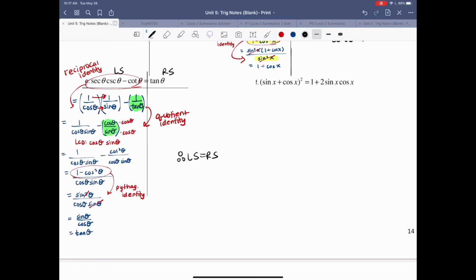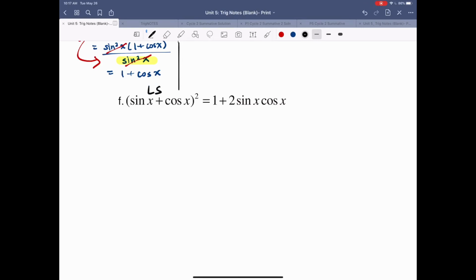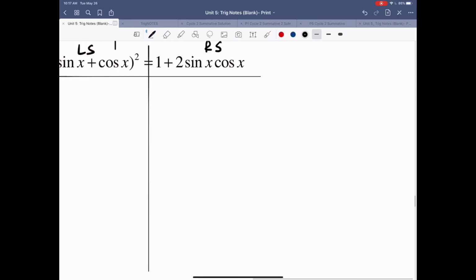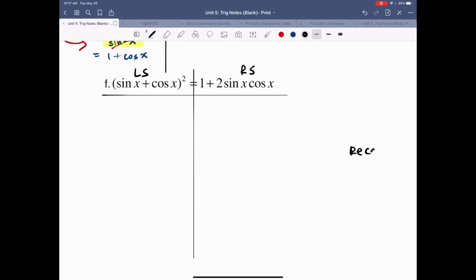All right, question F. So this is the left side, this is the right side. It's kind of hard sometimes to figure out which side to work on, which is the hard part of trig. But right here, you are dealing with brackets squared, which means I can FOIL, expand and simplify. So I'm going to first work on that side. It's a lot simpler if you have this by memory, because you've expanded and simplified it so many times: when you have a plus b squared, that's the same as writing it twice.